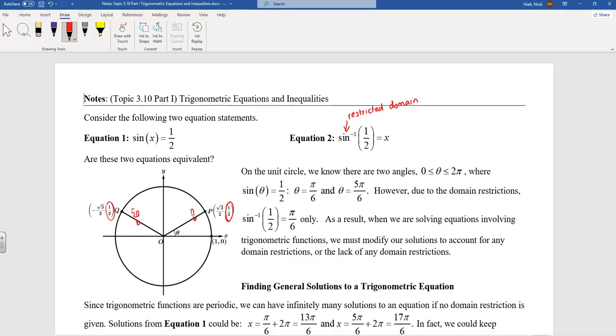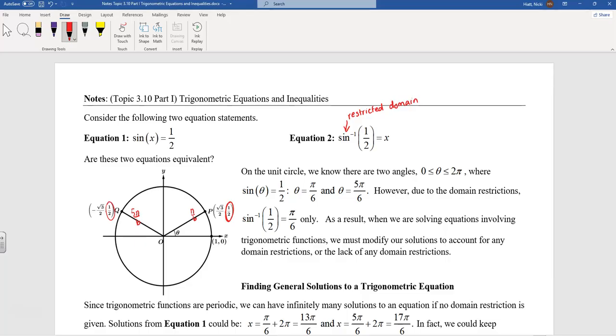So when we're solving trig equations, depending on whether they ask us for a general solution or a solution on a restricted domain, these two can actually be different ideas. Throughout the process of solving an equation, we might think of inverse sine, but if it was not an inverse sine statement at the beginning, it doesn't necessarily have a restricted domain, right?